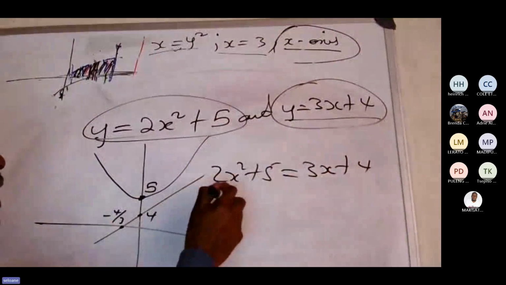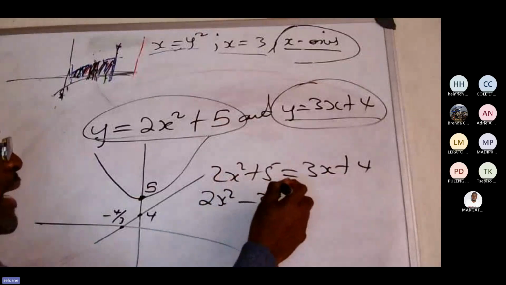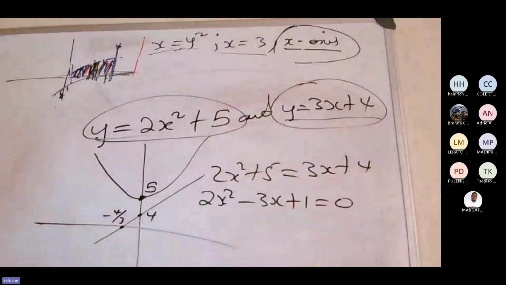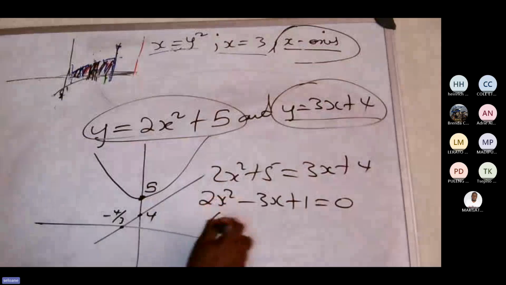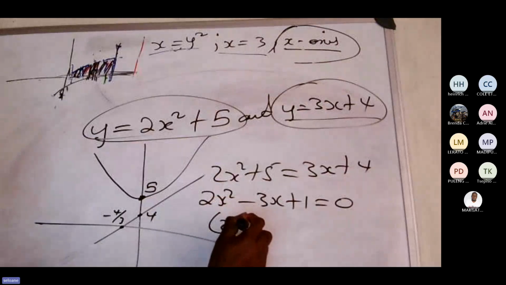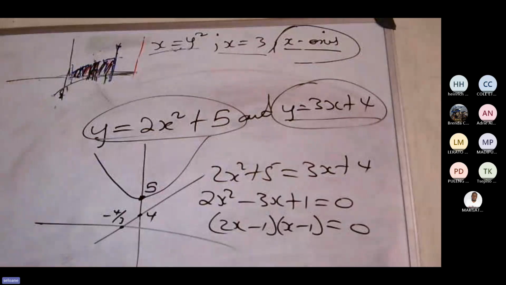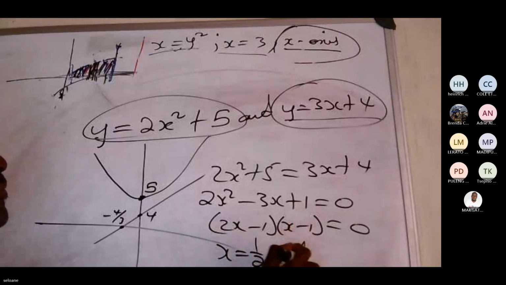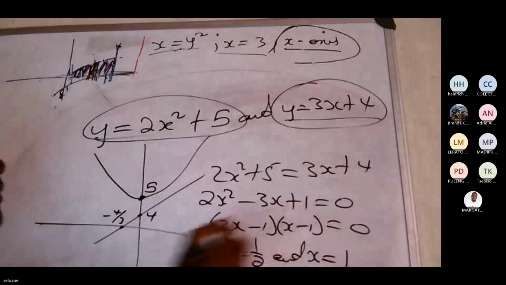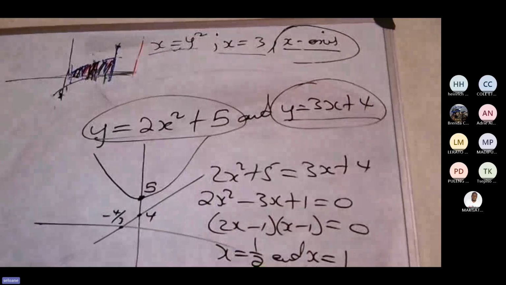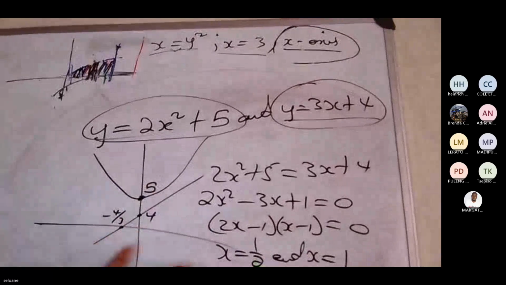Then it will be 2x squared minus 3x plus 1 equal to 0. Then you can see that it will be 2x minus 1, x minus 1 equal to 0. Is it correct? Yes. Therefore, these two intersect here. If you sketch them like this, then you don't get it.